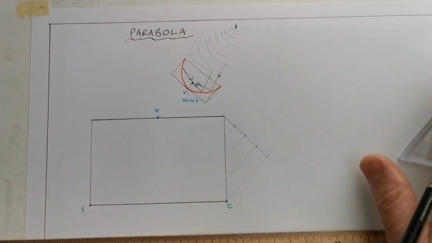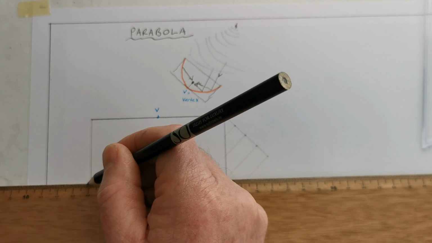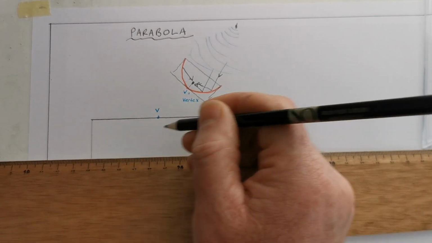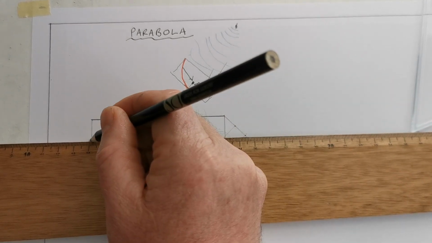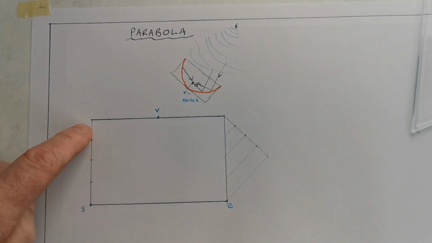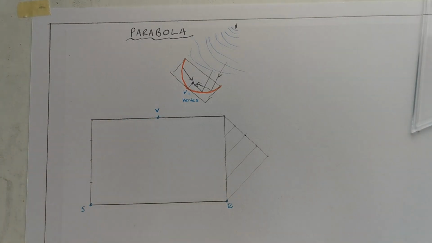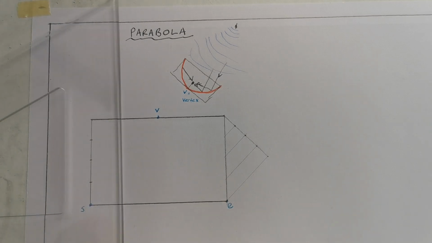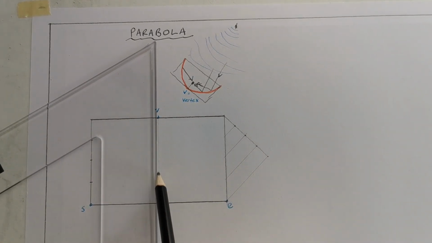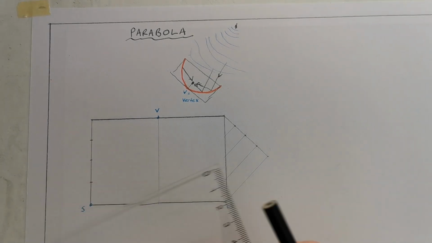And I'm just going to transfer these across now as well, because I'll be using these to draw the other half of the parabola as well. Okay, so we've divided the height into 4. Now I want to break half of the width into 4 as well. Now I will do that at the bottom, but I'll do it at the bottom because I have a bit more room.